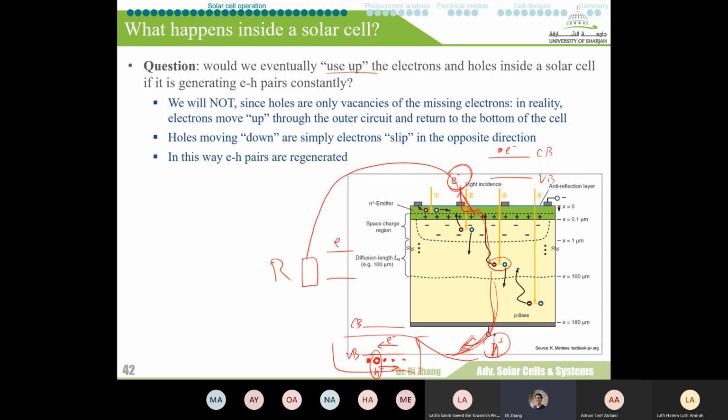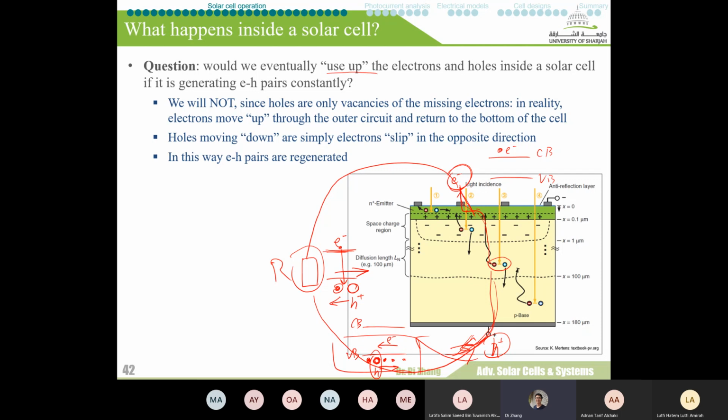A high potential electron will relax to low potential after the load. And then this electron will come back to the semiconductor. How do we know that it is coming back? Because we have a hole from the p-type side going in the opposite direction, which is equivalent to the electron going in the other direction.